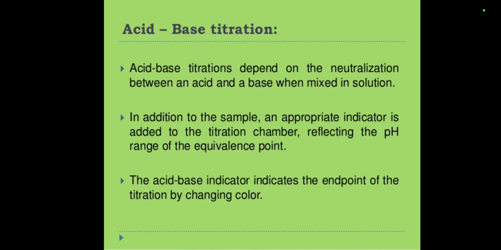So in acid-base titration, it will focus on the range of the potential hydrogen. There is a specific scale on how we can identify the acidity and basicity of a certain substance. As we all know, the potential hydrogen (pH) scale in acid-base titration is from 0 to 14, with 7 being neutral, 1 to 6 being acidic, and 8 to 14 being basic.